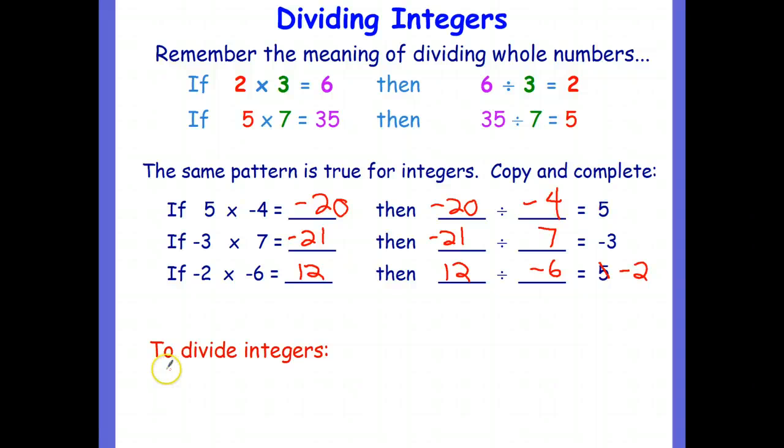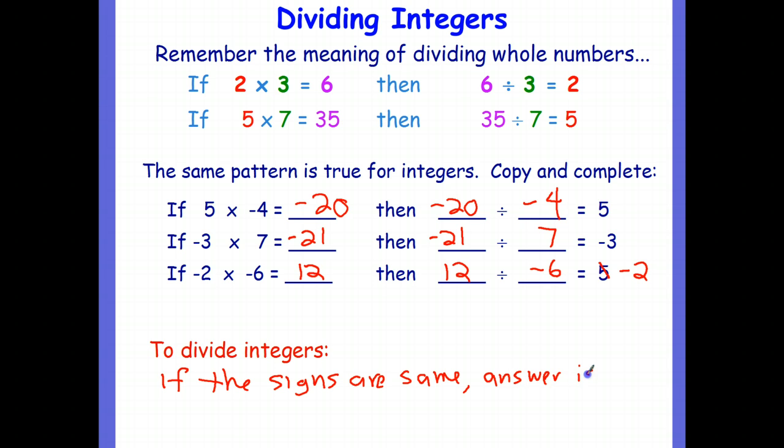So to divide integers, if the signs are the same, the answer is positive. If the signs are different, the answer is negative.